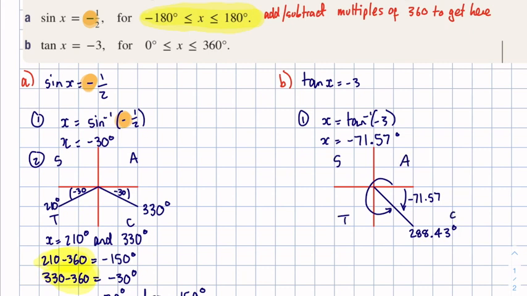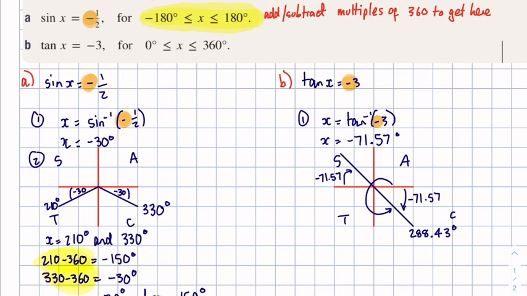Okay, SATC, because we were after negative, we could also be here. So this one will be our negative 71.57. So what's 180 take 71.57?